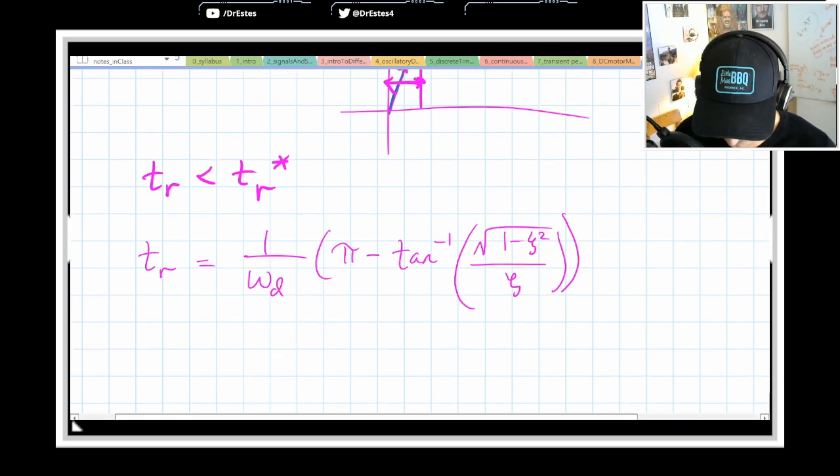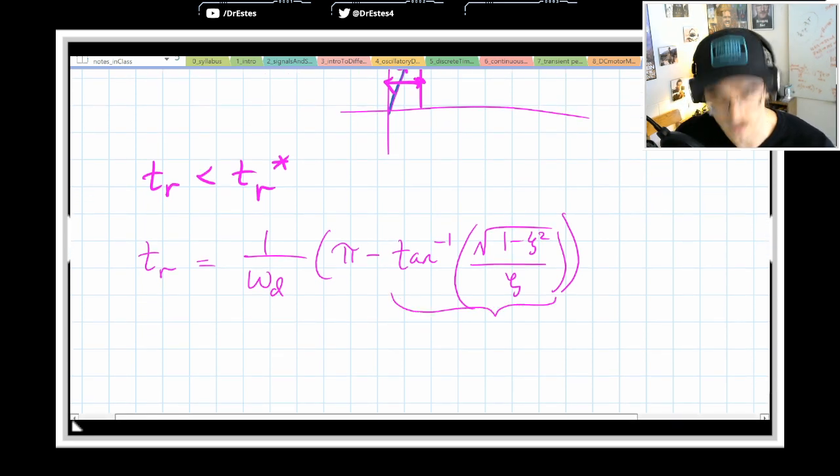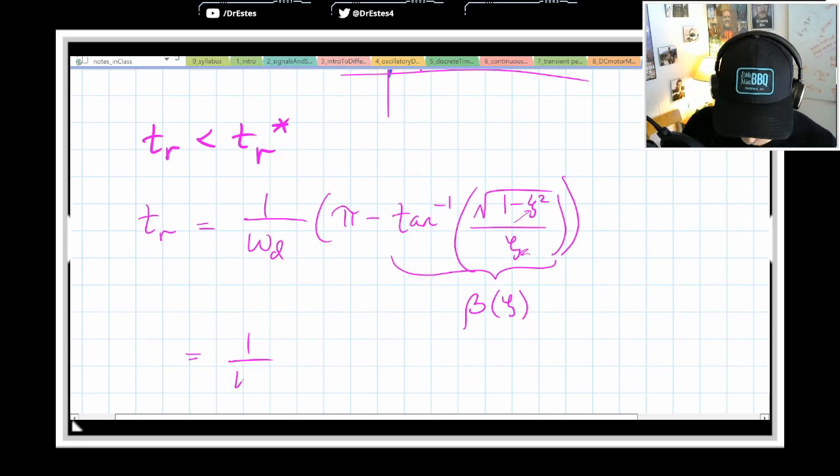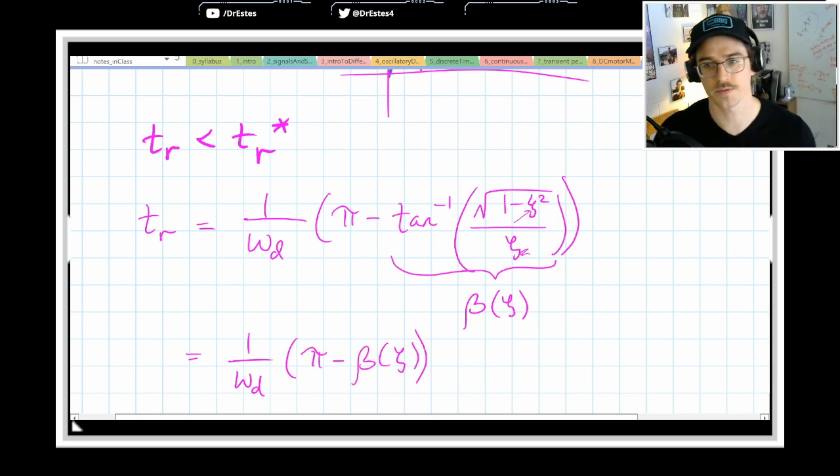And to make the rest of the math a little bit cleaner, let's call this inverse tangent term just beta. I'm just making up a filler variable. And to be clear though, beta is a function of your damping ratio, because you see the damping ratio in here. So we'll just call it beta as a function of zeta. Okay, so the rise time is 1 over omega d times pi minus beta, which is a function of zeta.